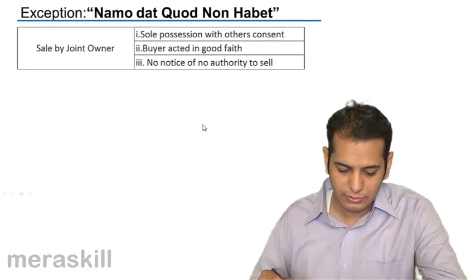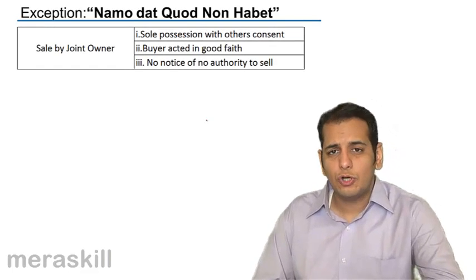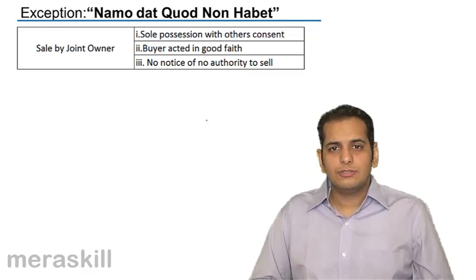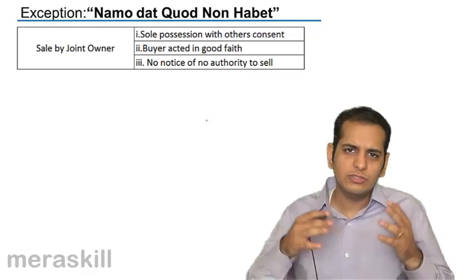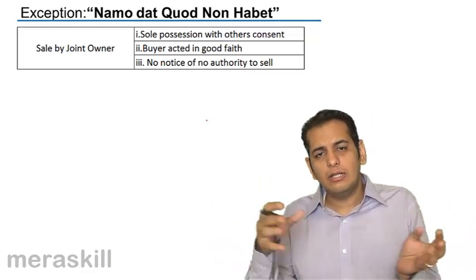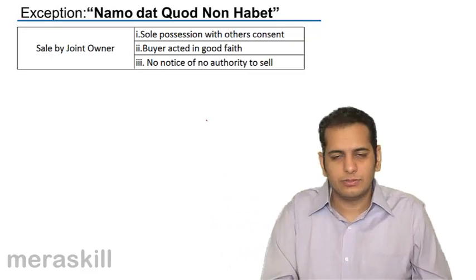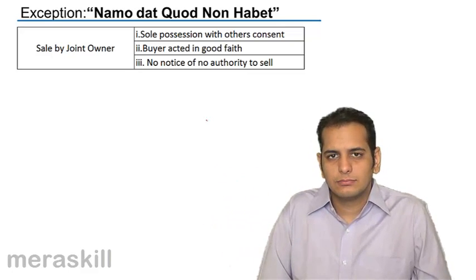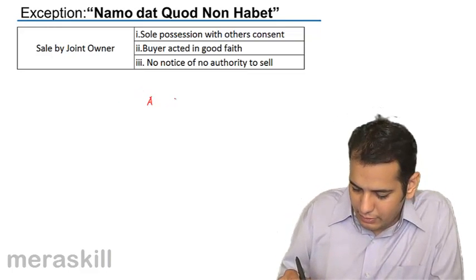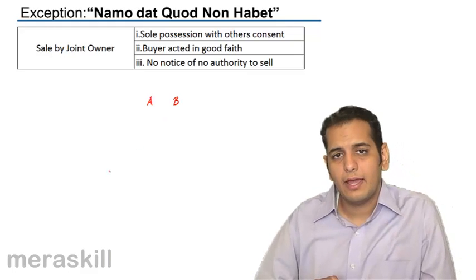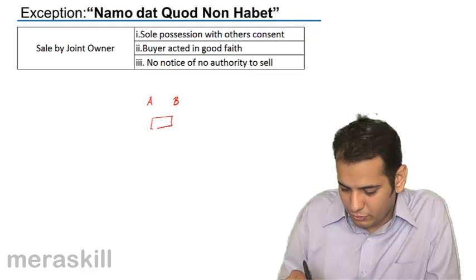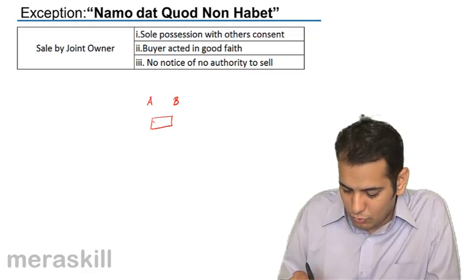The next is sale by joint owner. Now, who is a joint owner? A joint owner is a person who owns a property, who owns some goods along with one or more persons. Now, let's say there are two persons, A and B. They own a gold bar.